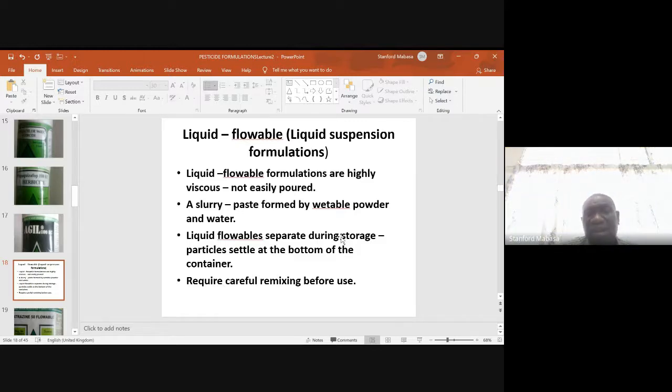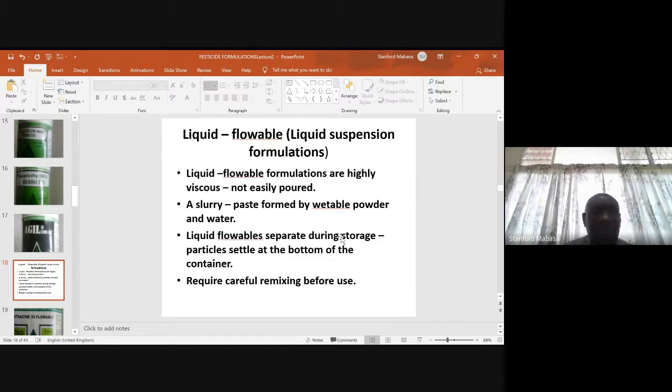So you require careful remixing before use. And as I have said, it's very difficult to use these ones, the liquid flowable or liquid suspension formulations.